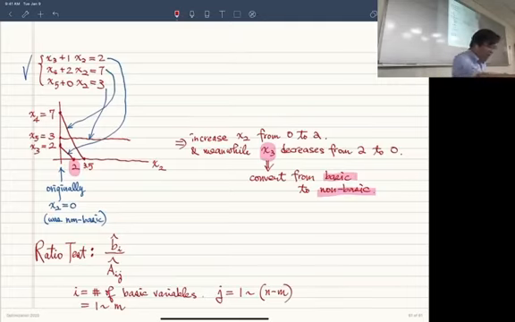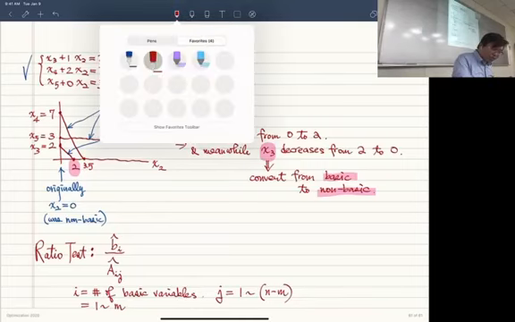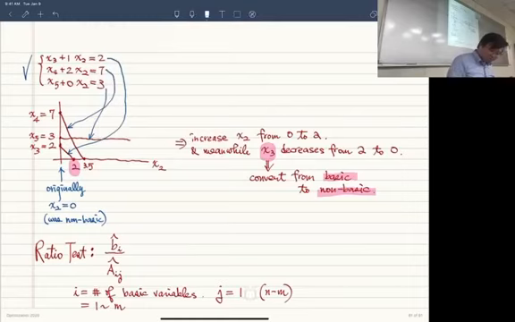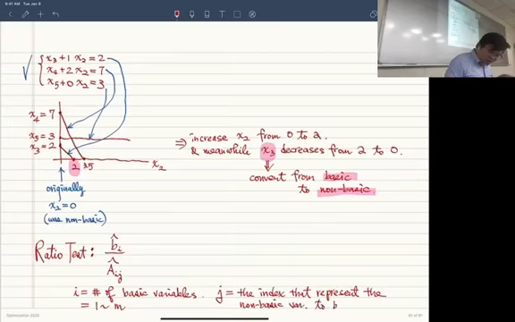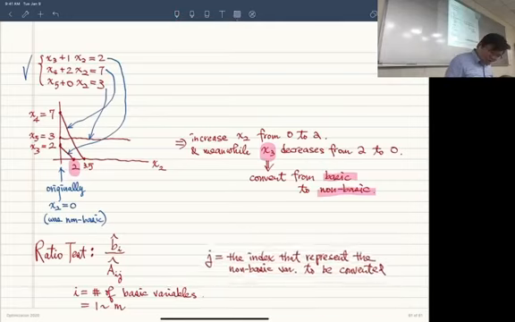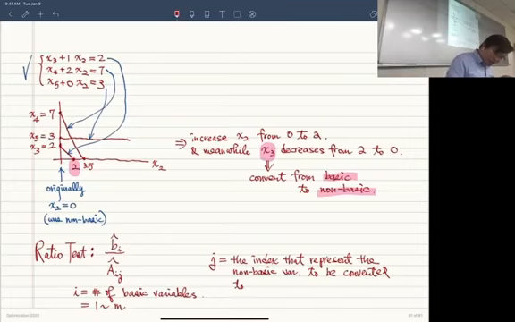Oh, sorry. J is not that. J is actually the index that represents the non-basic variable to be converted to basic.